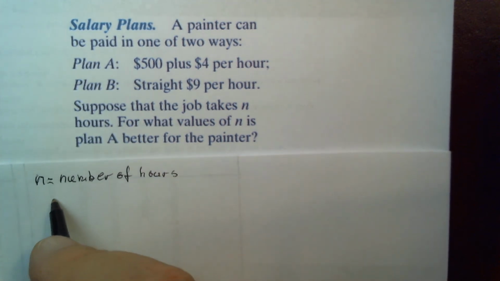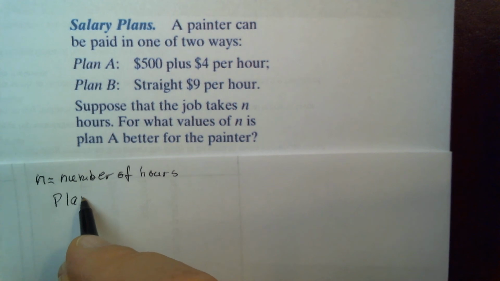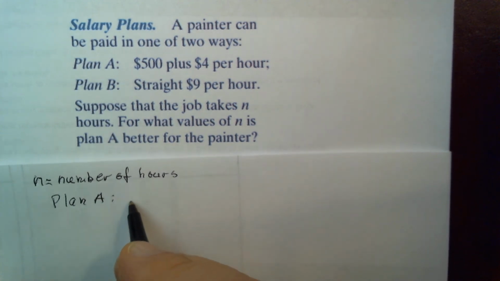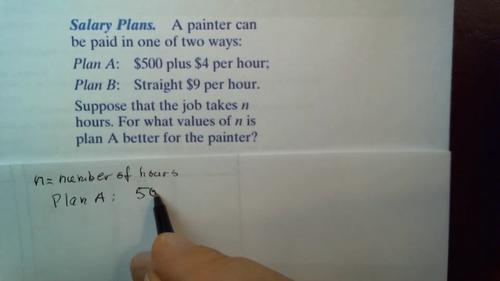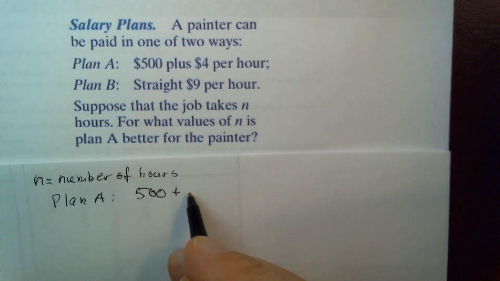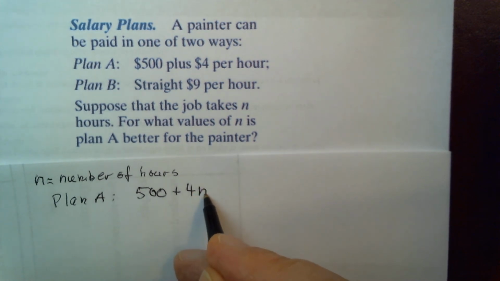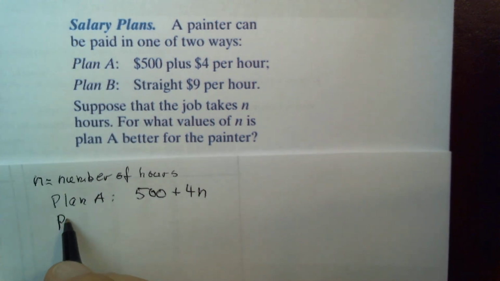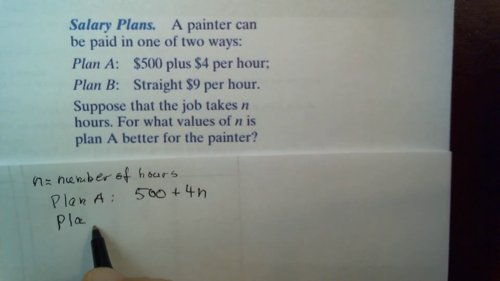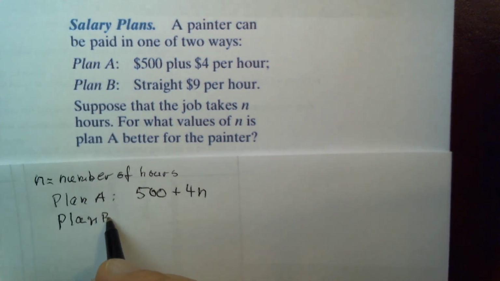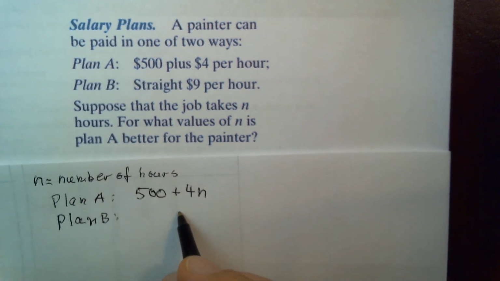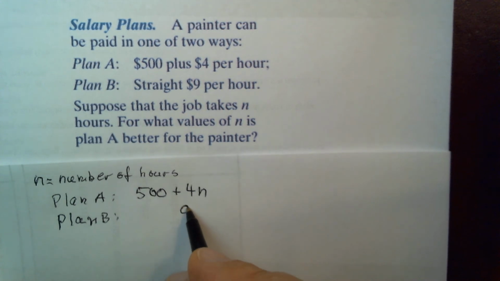And so we are told that plan A would be $500 plus $4 for every hour. So 4 times n, or 4n. And plan B is simply $9 per hour, or 9n.